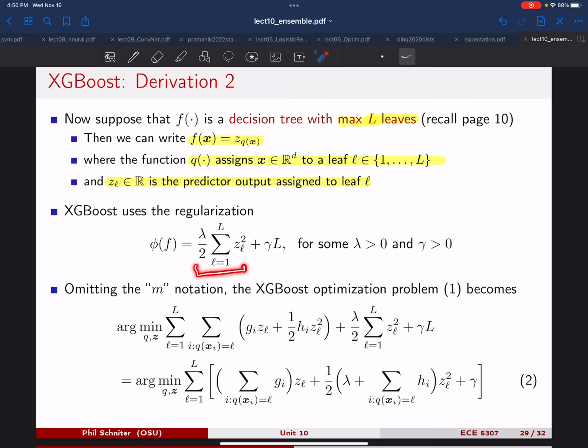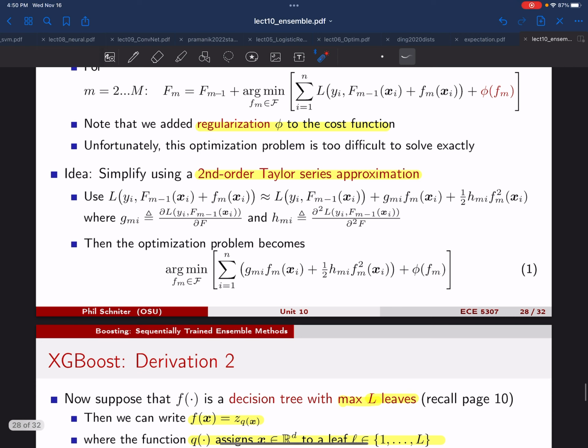So that's the first part of the regularization. The second part of the regularization you can see is how many leaves there are in the tree. And then it has a parameter gamma that's also a tuning parameter. So this is the regularization we are going to use over here or over here when we define this regularized cost.